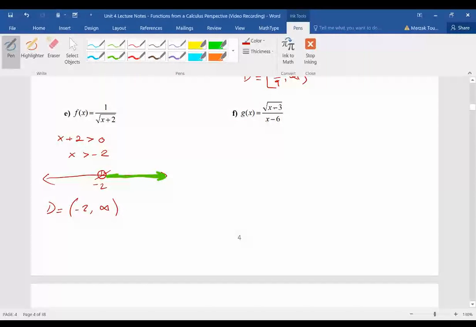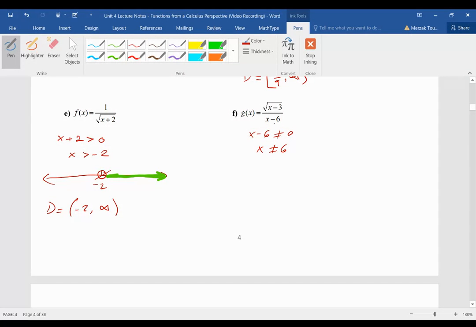Now example F. Again, we have two things to worry about. First of all, the denominator, x minus 6, has to be different than 0. So x minus 6 not equal to 0. That is true when x is not equal to 6. So we don't want the 6. We want x to be different than 6.